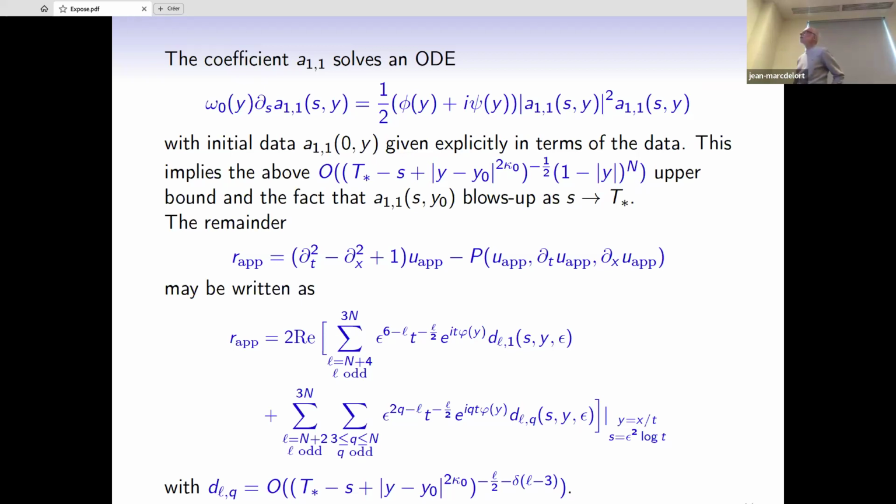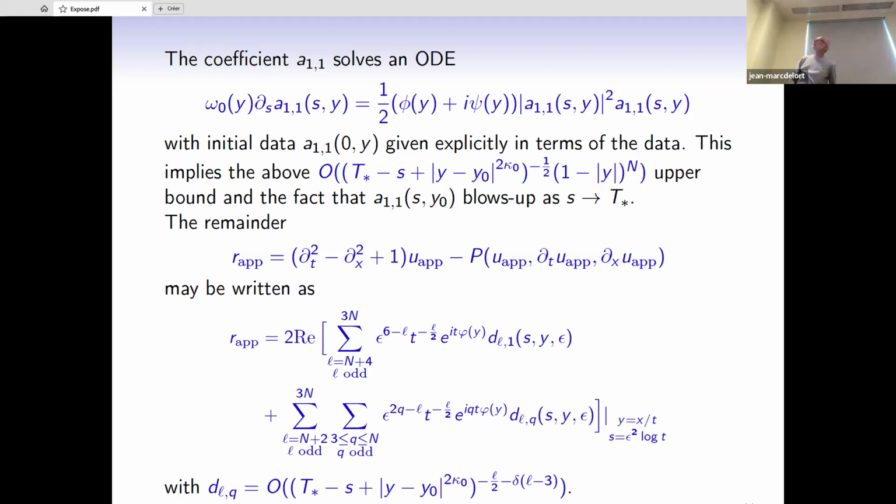And actually, under the assumptions that we made previously, which allow you also to identify what should be the right initial condition for this ODE, you may prove that your A11 is bounded from above by T star minus S to the power minus 1/2 when y equals y0.